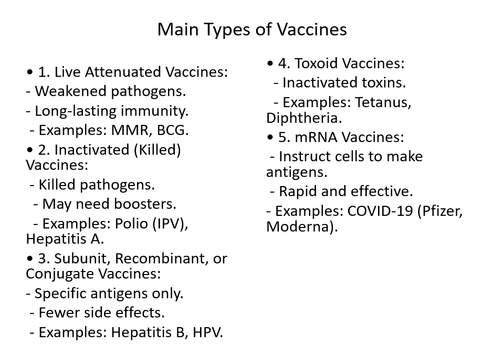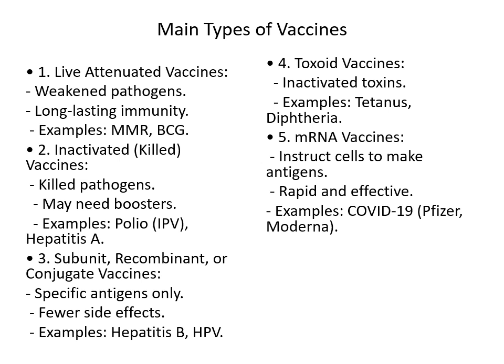So we have the second, which is the inactivated vaccine. It kills the pathogens, and it may need boosters. This is to mean that this vaccine requires some boosters for it to work.